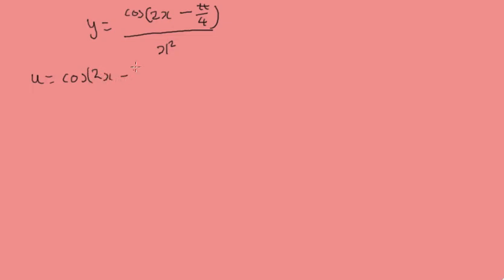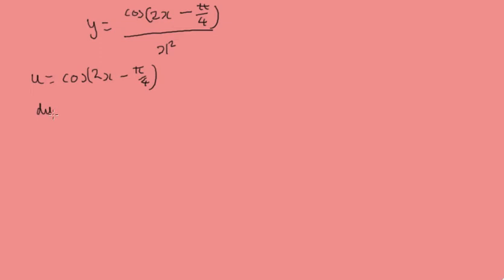Let's do one that will involve the quotient rule. So y equals cosine 2x minus pi over 4, over x squared. So we've got u equals cosine 2x minus pi over 4.